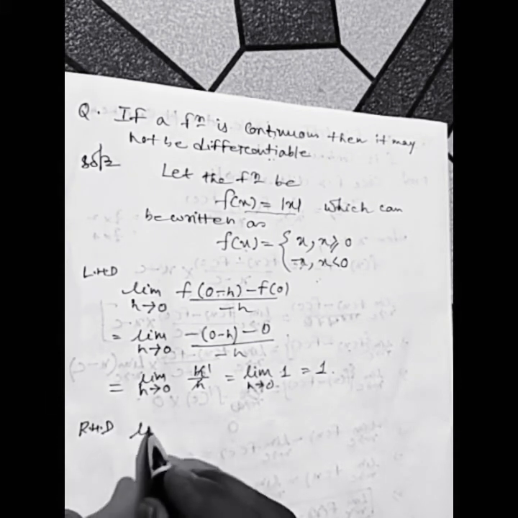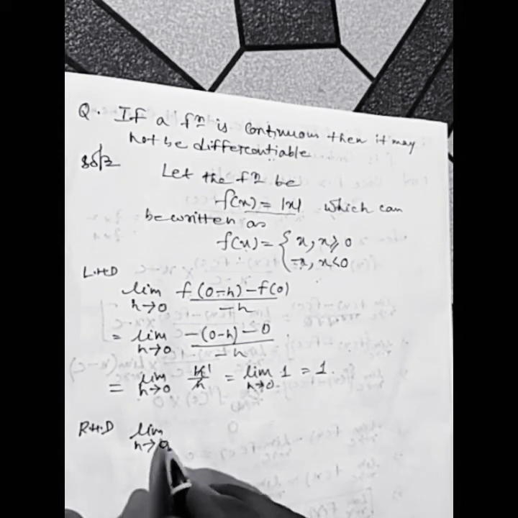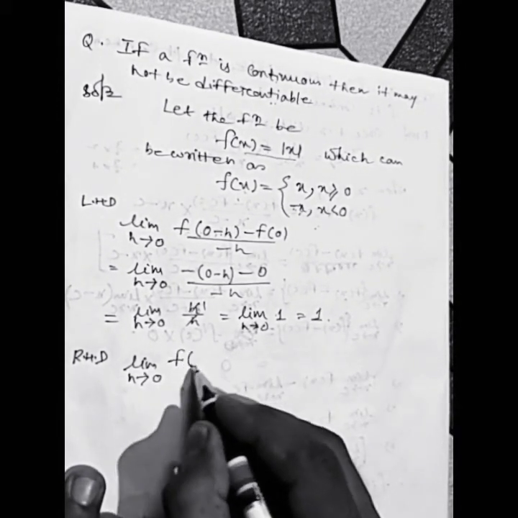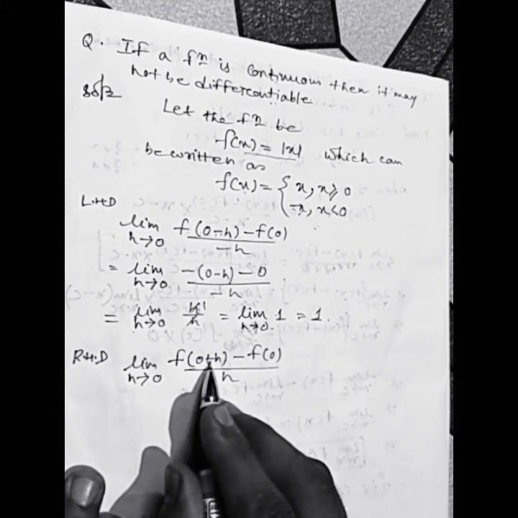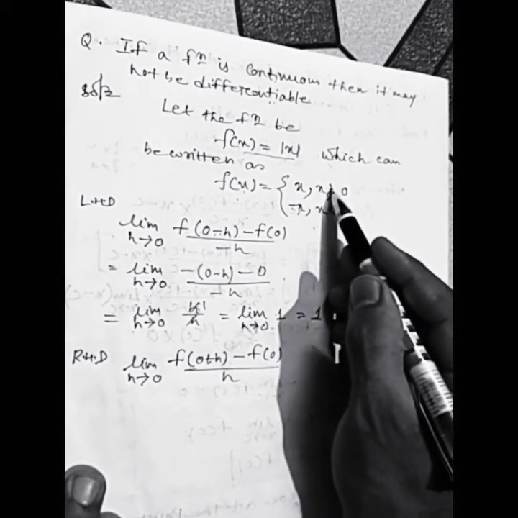Similarly, I am taking the right hand derivative: limit h tends to 0 of f of 0 plus h minus f of 0 divided by h. Now 0 plus h means the value of x is greater than 0, and the function is x.